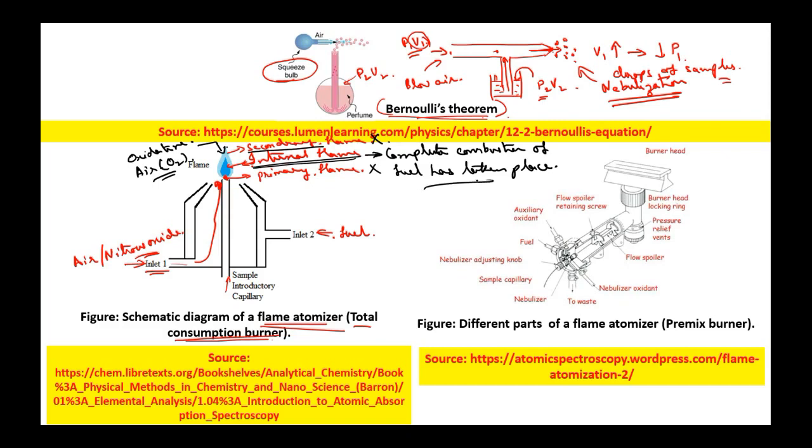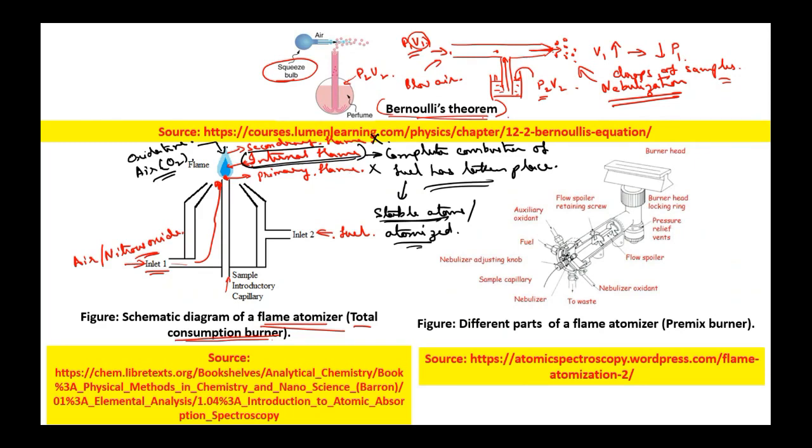And for this reason, it is expected that in the internal flame region, we will be having stable atoms which are completely atomized. Hence, the readings are being taken from the internal flame region.